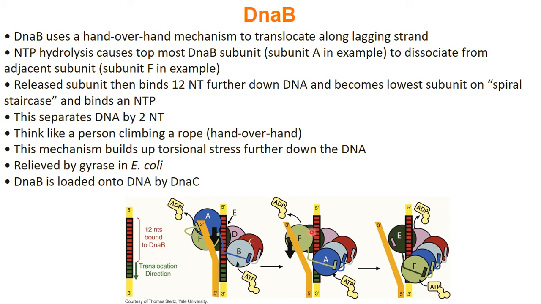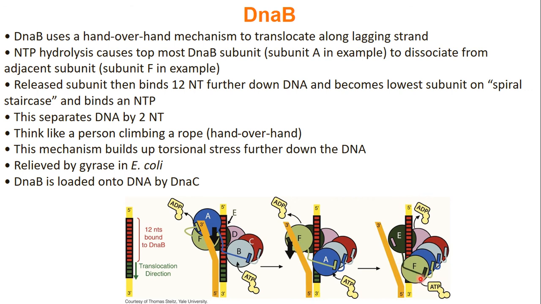It's going to dissociate from E, move down to B with A, unzip 2 more nucleotides. E, same thing. Going to burn an NTP, move down DNA 12 nucleotides, attach to F, and unzip 2 more nucleotides. And it's going to do this over and over and over until the DNA is separated.